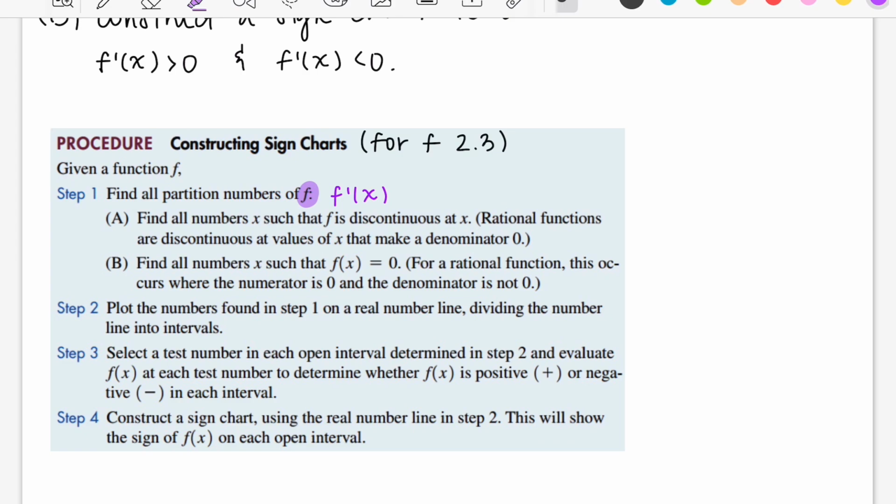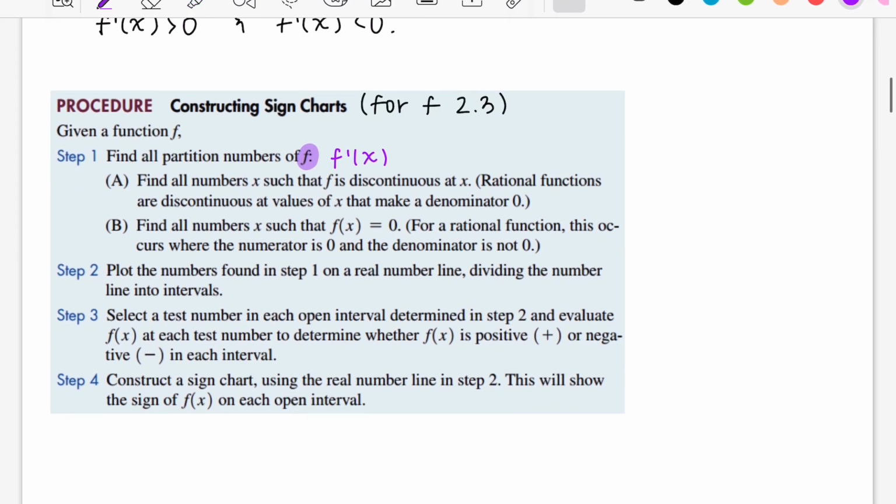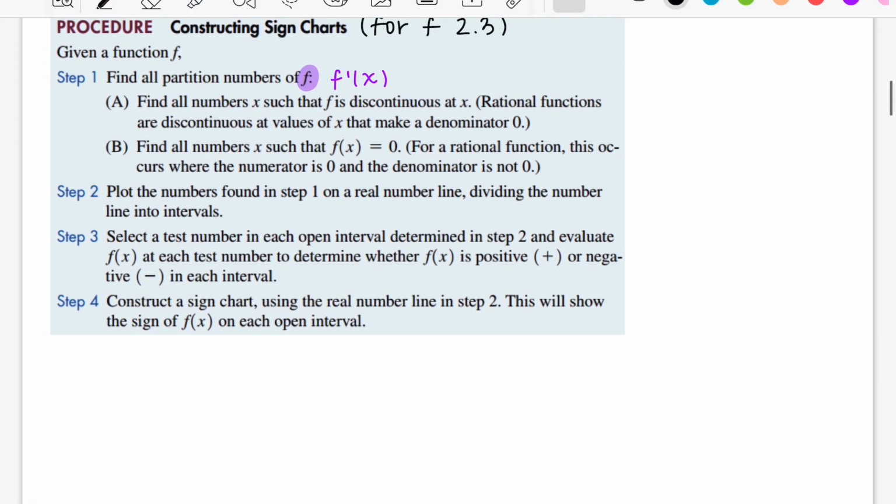Okay, so the first thing we're going to do is find the partition numbers. So we'll label these as our steps. So we know that our derivative is this from part A. We know that when we set this equal to 0, we get that x is equal to 3.